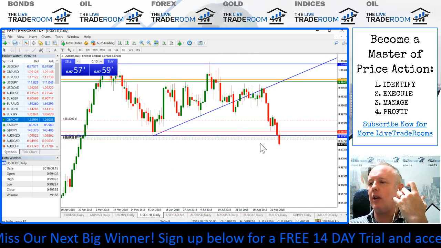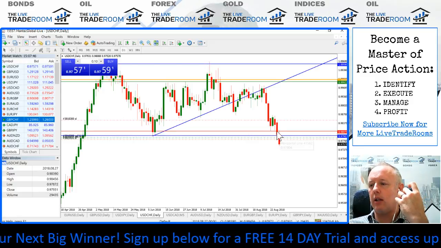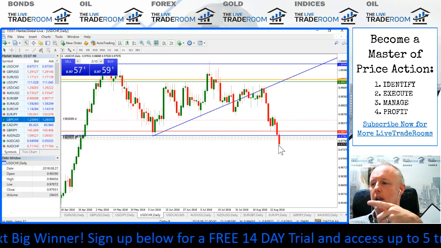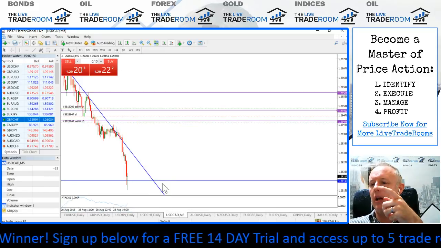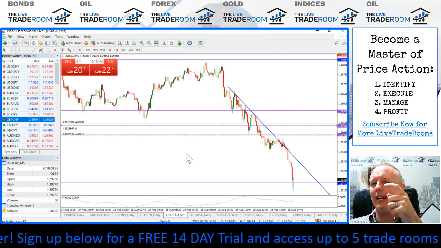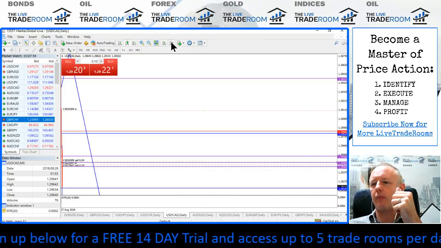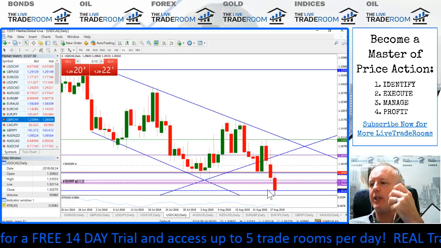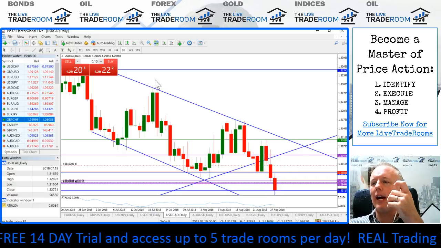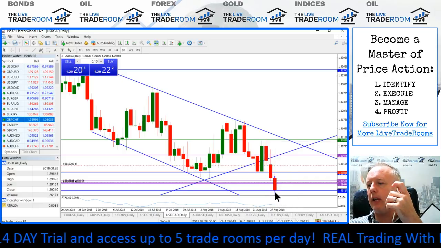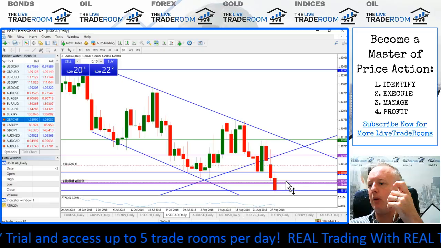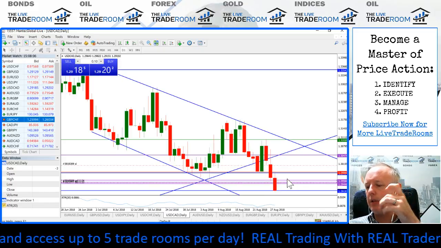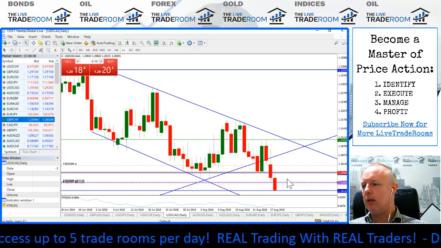We're seeing the decline in the US dollar, certainly against the Swiss, and we also look for the same opportunity in the Canadian dollar. They're both at slightly different stages from a price action perspective. Let me get rid of this blue line sitting in here, and a few of these as well.